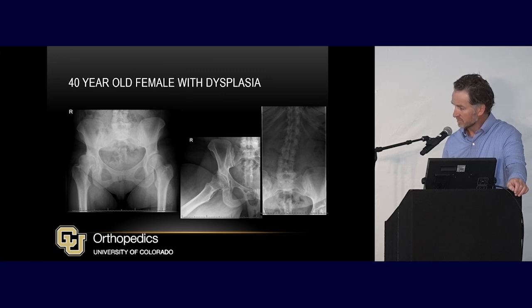One of the other things I'm going to tell this patient is that it's very likely I'm going to lengthen her. I'm going to make her legs a little bit longer, putting more tension in the soft tissues to help me with stability. It's also not uncommon that I may have to change her offset a little bit, and we have a discussion about trochanteric bursitis and things like that, especially if it's a thin female.